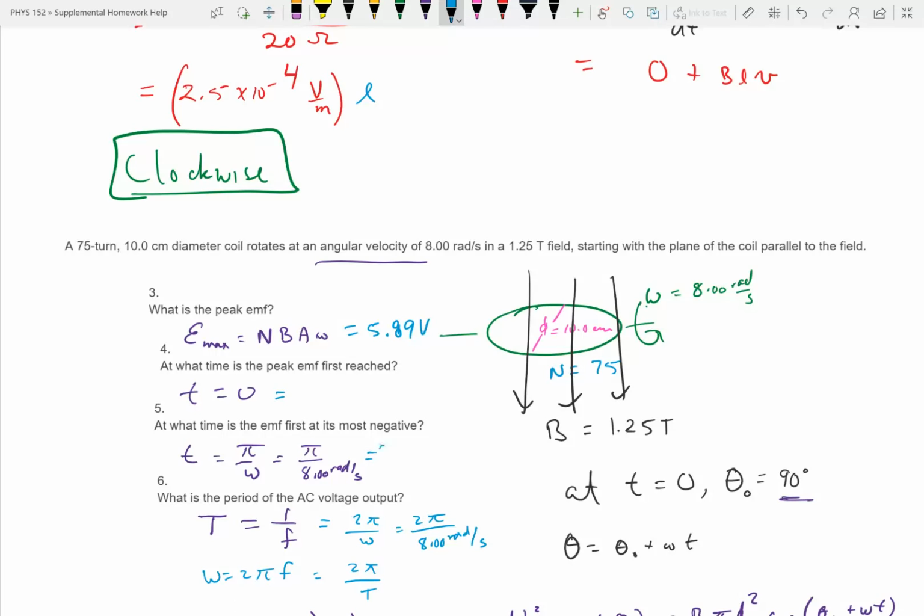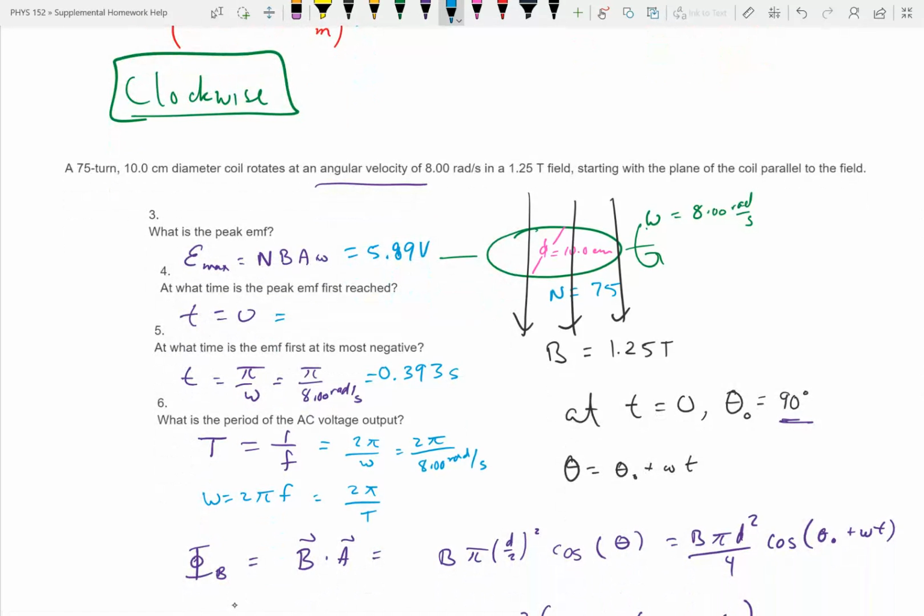And then this was 2 pi over 8, so just times 2. 0.78.